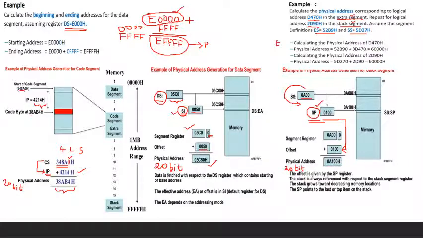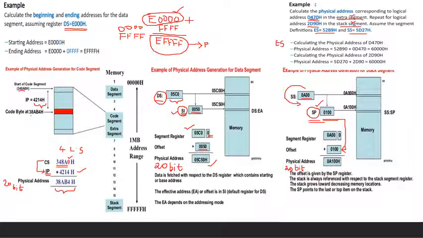So for the extra segment, we have to find the physical address. The actual address in the extra segment is D470.